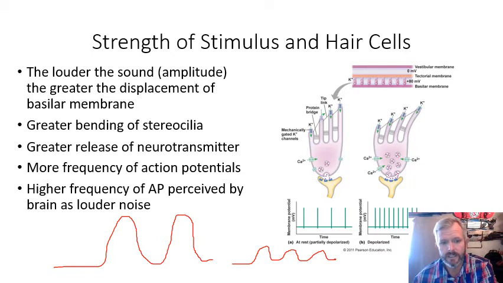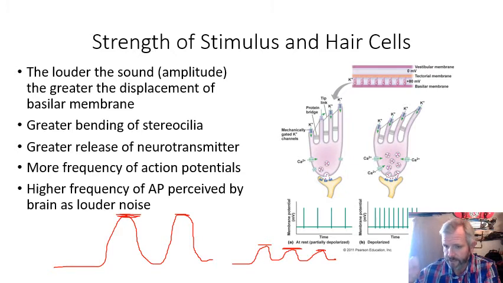So this is going to cause higher frequency of signaling compared to, say, the lower amplitude. Higher frequency, not frequency of the sound wave, but higher frequency of stimulation of these cells, causing more neurotransmitter to release. Higher frequency of action potentials, the brain can perceive as louder noise.